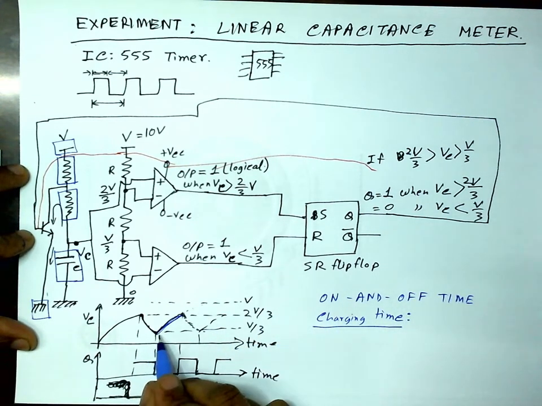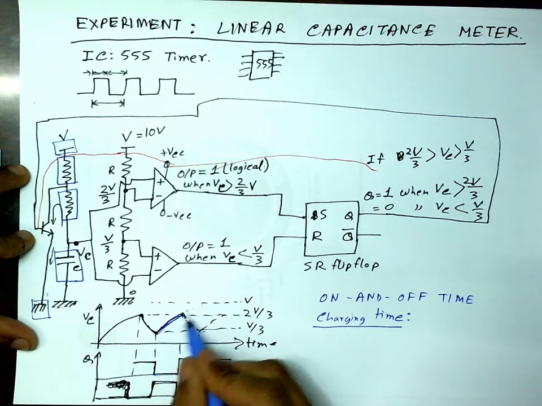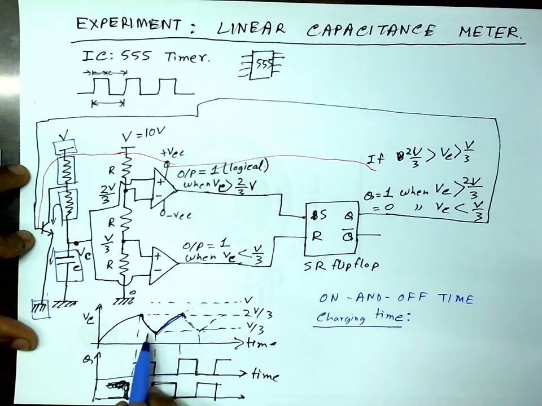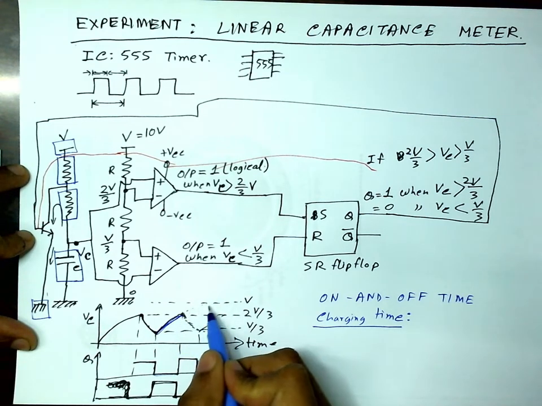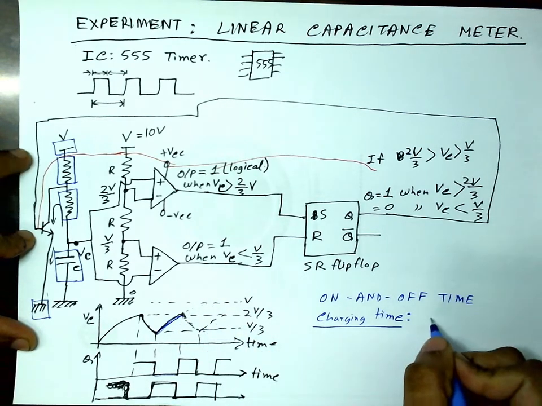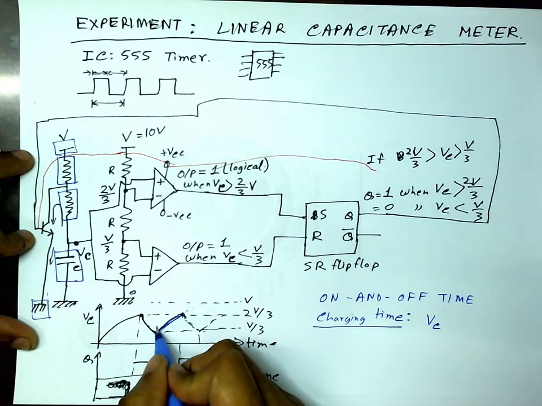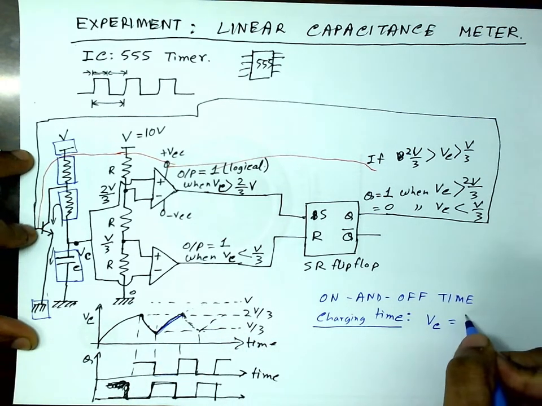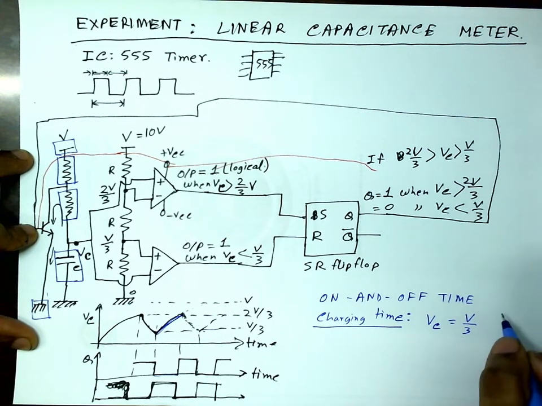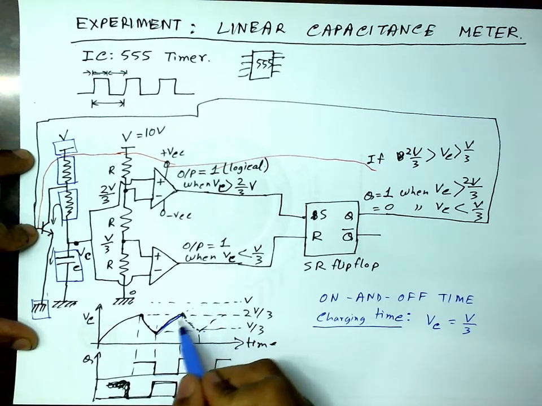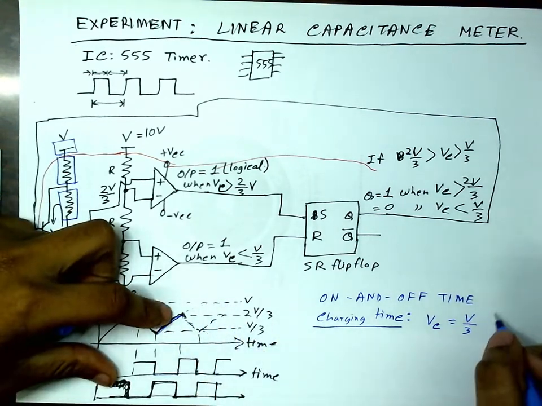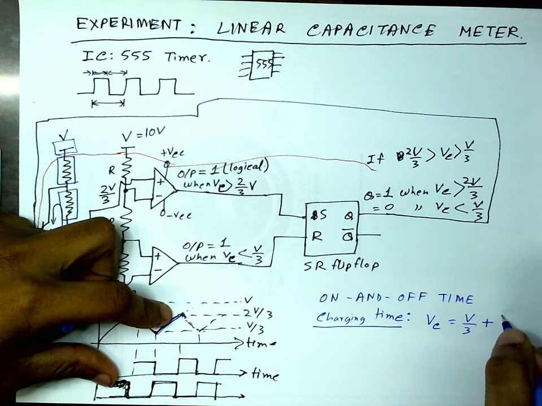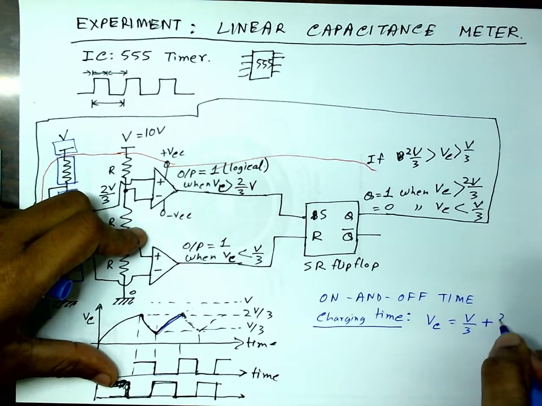I will just directly write what the expression of this part will be. So this is being charged from a value of V by 3 towards a value of V. So Vc will be, if I start my time from this point, it starts from V by 3 and then it goes to this height. Okay, so then I need 2V by 3.